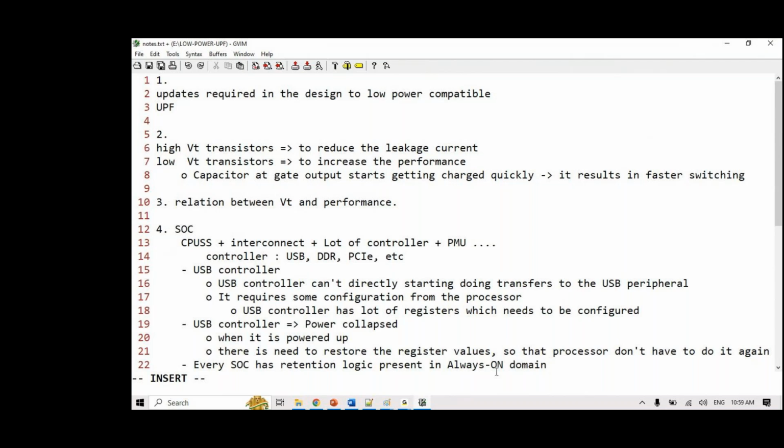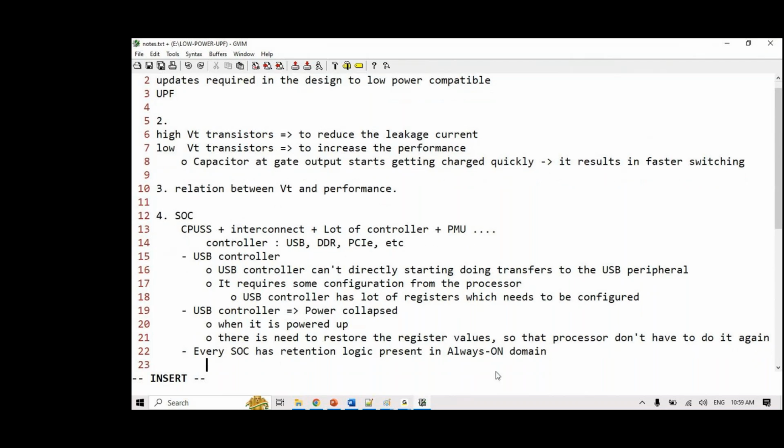So let's say I want to restore, we may save the 10 registers' information into retention logic. Okay, now how it is done, we'll also talk about that.